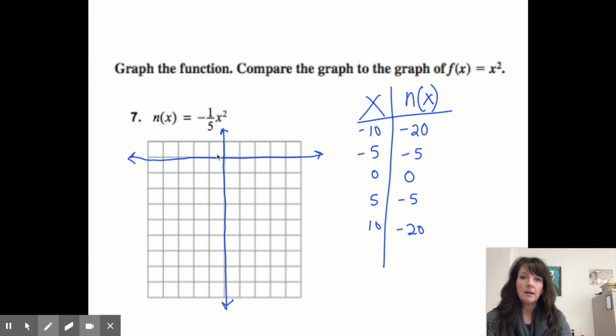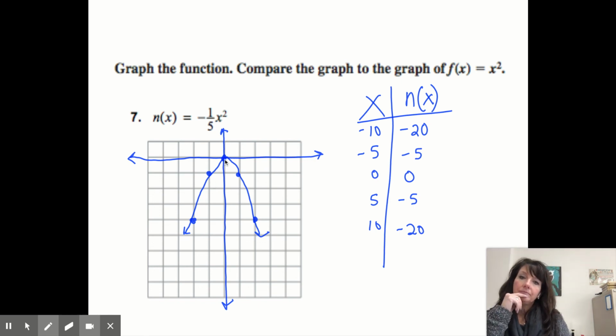So if I go back, -10 would be here, and then -20, 5, 10, 15, 20, -5, and then -5, and then 0, 0, and then 5, -5, and 10, -20. So you can see the symmetry. All right. It's going to be, oh boy, you guys might have a little better luck on paper, but this is a little tricky.